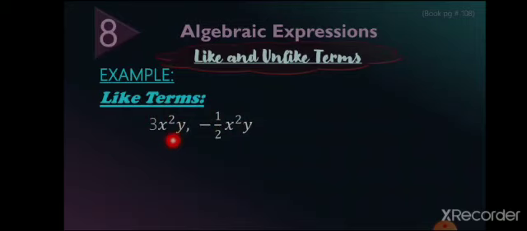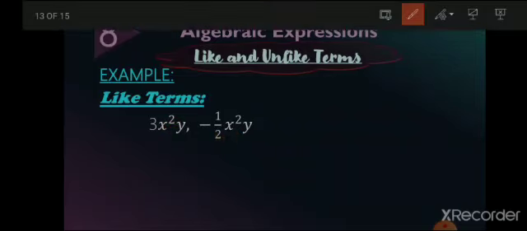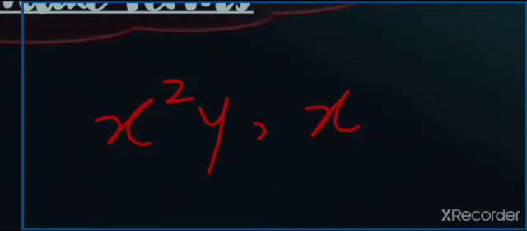If the values are x square y, comma, x y square, these will not be the same.